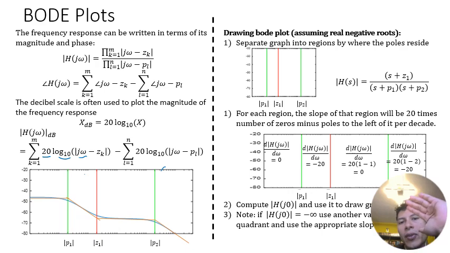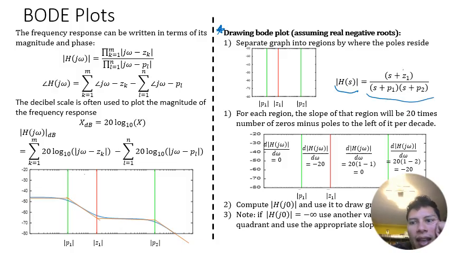And so a heuristic you can do to draw the Bode plot is the following. You start by taking your H of s, okay? And then you look at the locations of the magnitudes of the zeros on the omega axis, and you denote them by a vertical line.